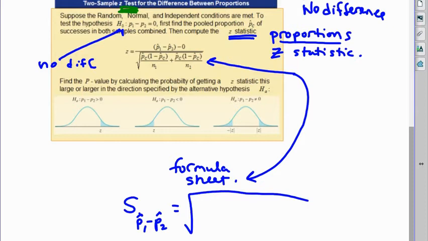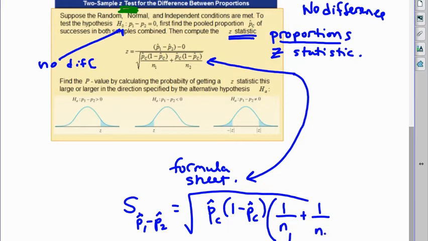Okay, let's see here. That's what they've written down here. That's a pooled value, that P sub C. And then they go like this, 1 over n sub 1 plus 1 over n sub 2. So what they've done is just factor out the pooled proportion.